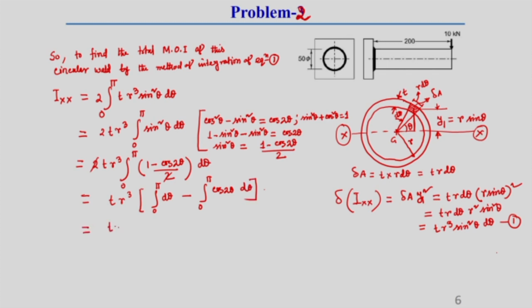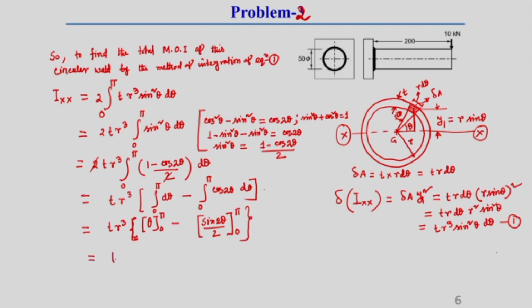So, T r cube, d theta means theta, its limit varying from 0 to pi, and the integral of cos 2 theta, that is very well known to you, so I am directly putting this, you can write as sin 2 theta by 2, its limit also varying from 0 to pi.